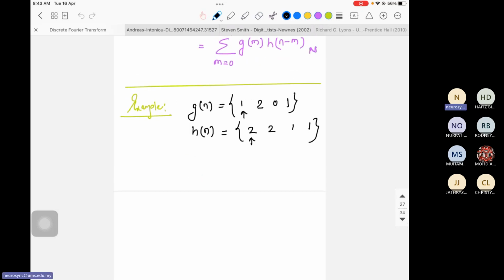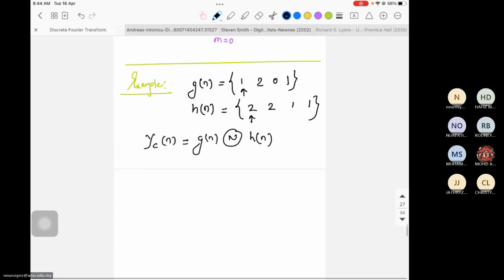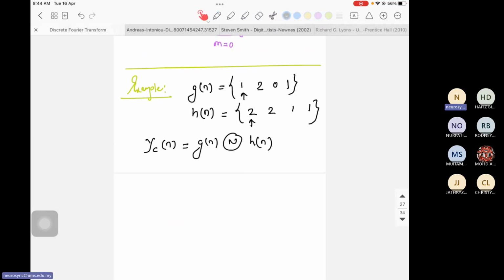I will write y circular, which is nothing but g of n circularly convolved with h of n, and this is equal to the summation of m from 0 to N minus 1 of g of m, h of n minus m.